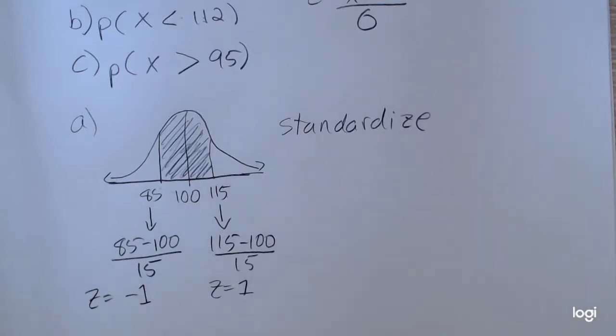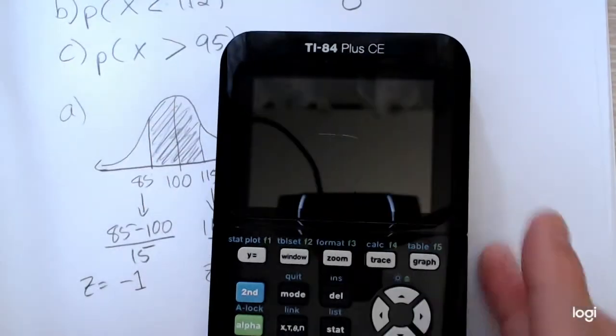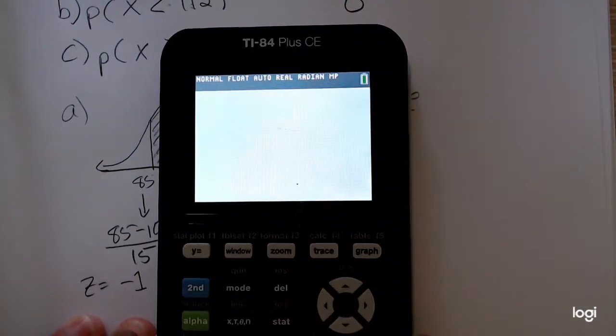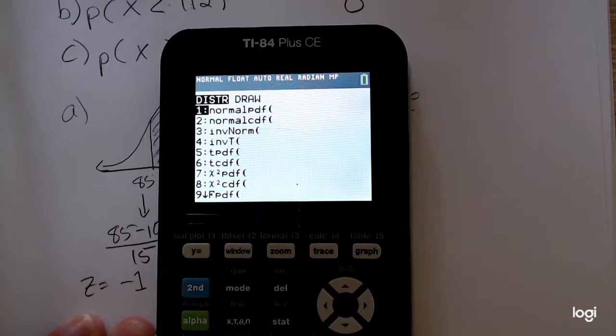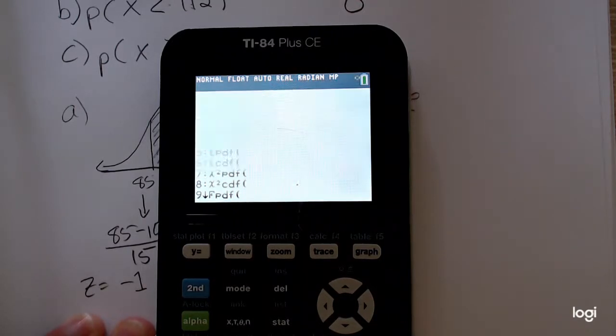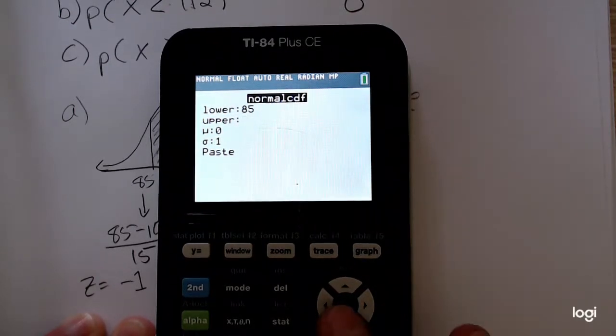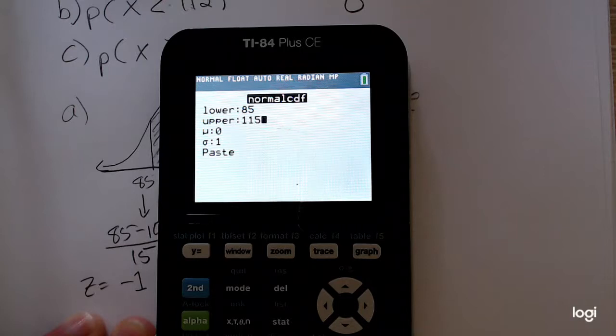After turning on the calculator, you want to go to your distribution menu and select normal CDF. My lower bound is 85. My upper bound is 115.